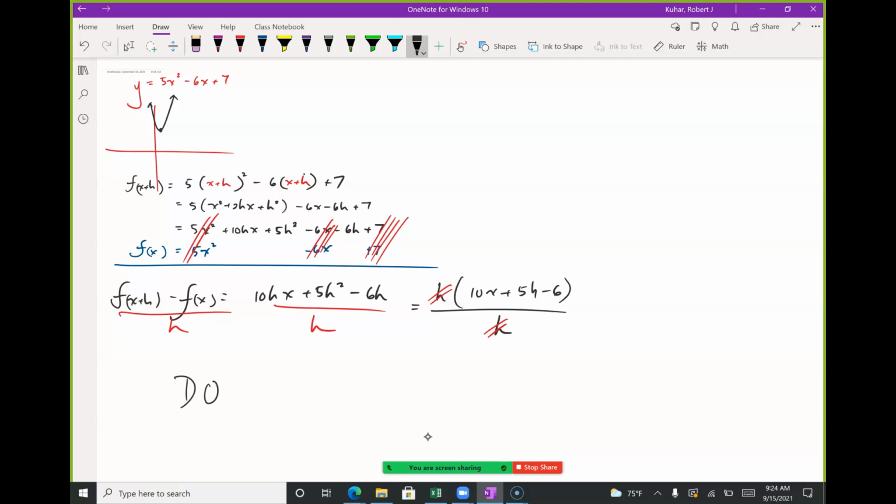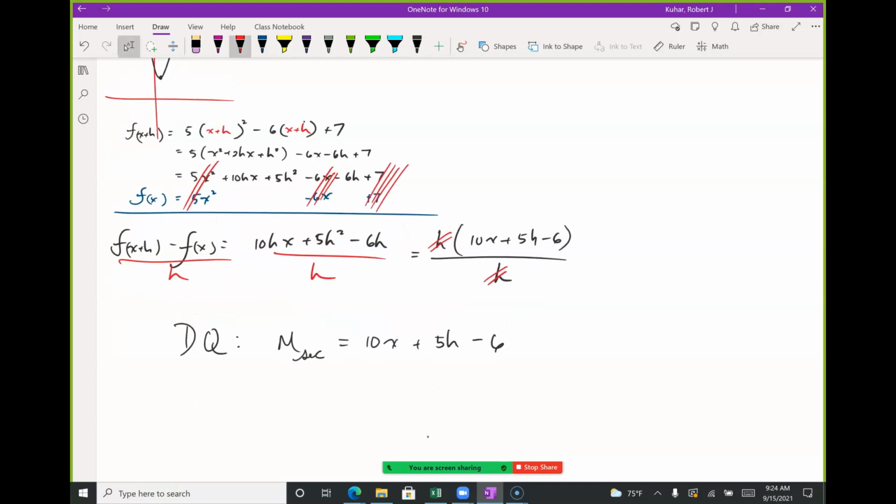So I've got my difference quotient, m sub sec. The secant slope is 10x plus 5h minus 6. If you've already seen some calculus, you know that f prime of x is when I let h go to 0, so I get just 10x minus 6.